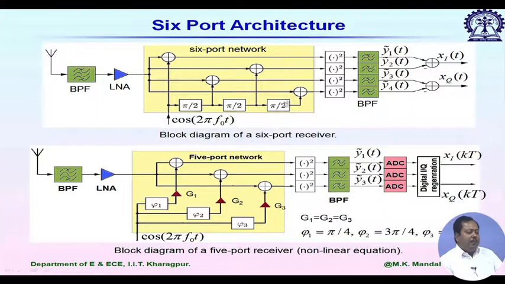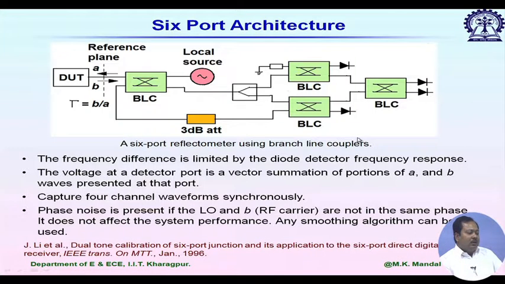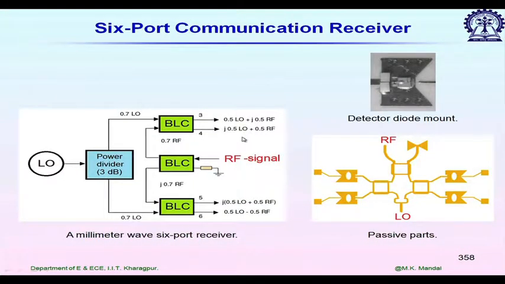So, that is how we have basically 4 equations, and from the first and second, where we have 0 phase component and 180-degree phase shift component, we have the I channel, and from 90 and 270 we have the Q channel. So, obviously after this detector we need many signal processing. So, let me show you a practical implementation scheme of a 6 port communication receiver.